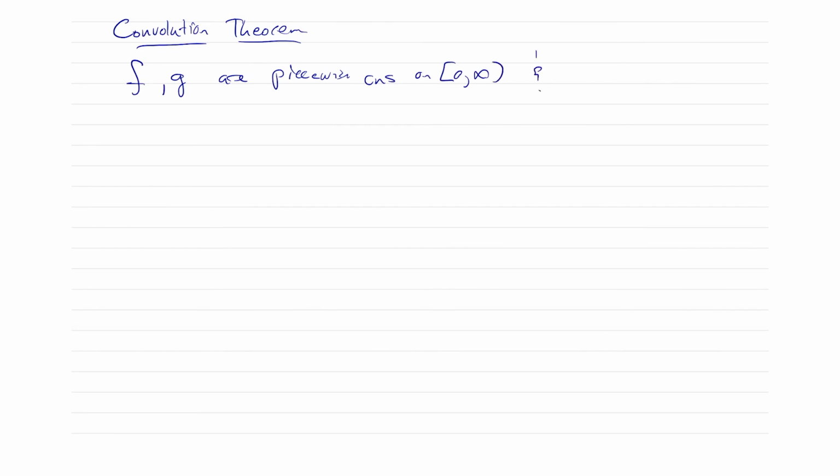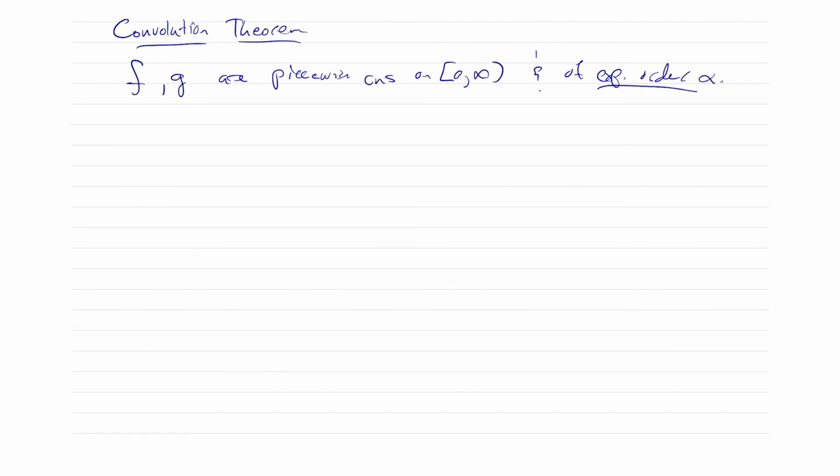Okay, so let's see what is important here. The convolution theorem is really what's important here. Suppose that f and g are piecewise continuous on, say, 0 to infinity, and of exponential order alpha.